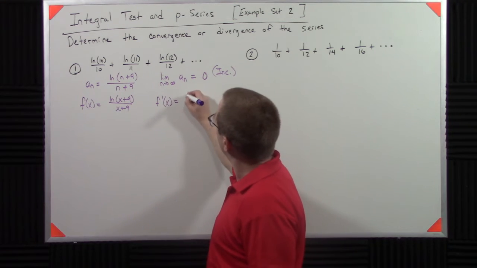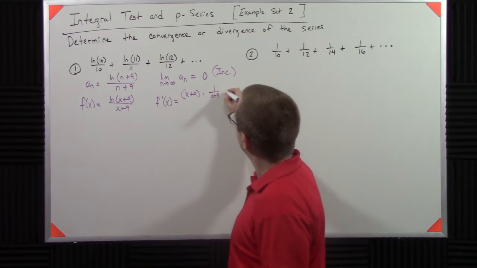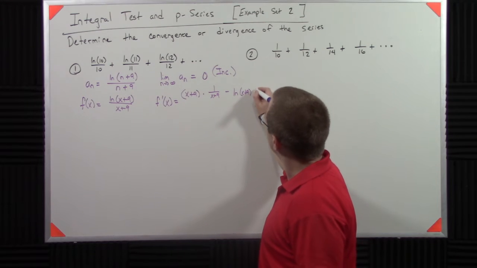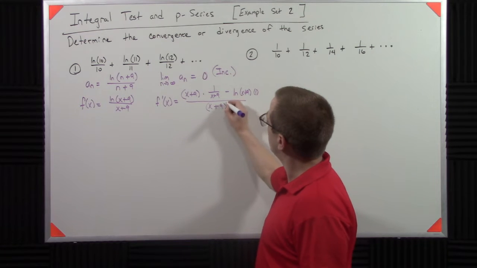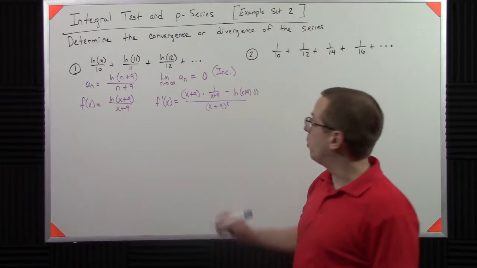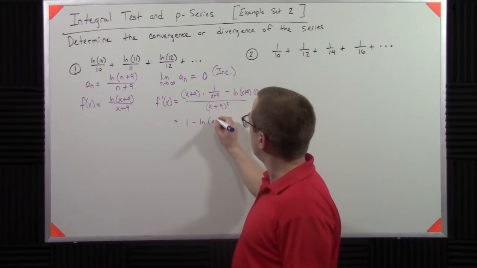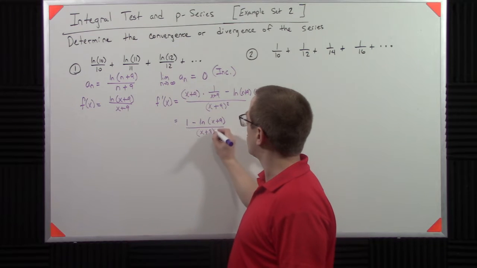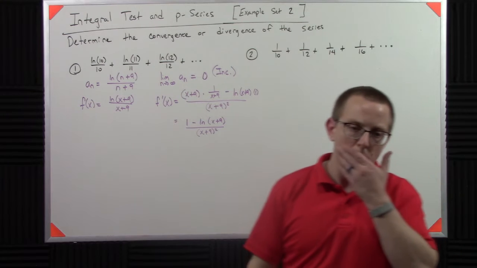We do low d high minus high d low over low squared. So what I end up with is 1 minus natural log of x plus 9, over x plus 9 squared.